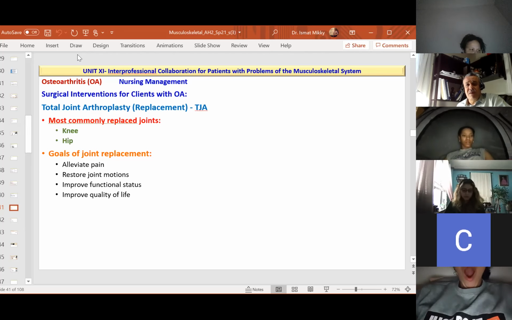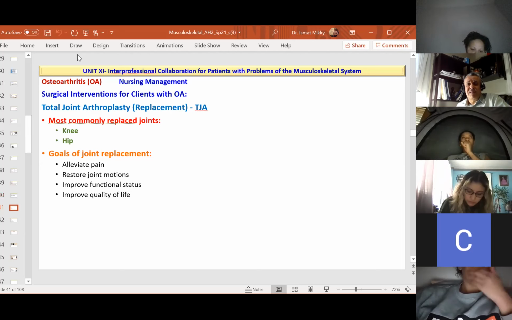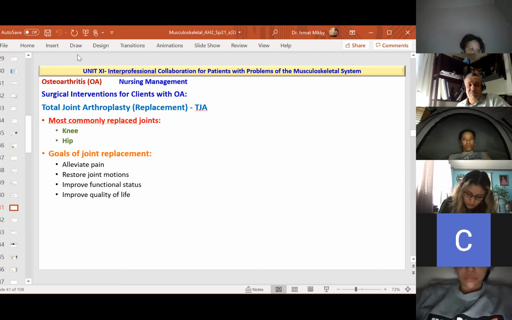So we'll start with the hip, and then the knee replacement will be pretty much the same, except for one single difference, which is the addition of, in some orthopedics, orthopedic surgeons will add what is called a CPM machine.